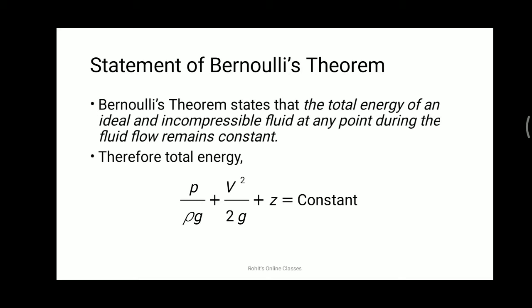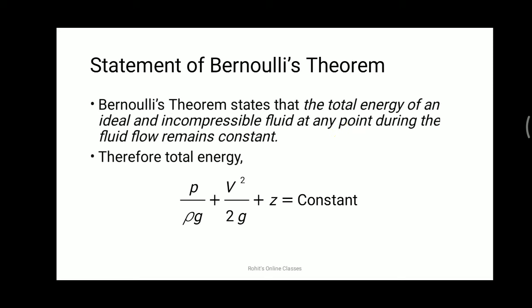Then half mv square into g, divided by g plus z we have taken. So this z is nothing but elevation, and this is the amount of potential energy the fluid is having. What is the formula?